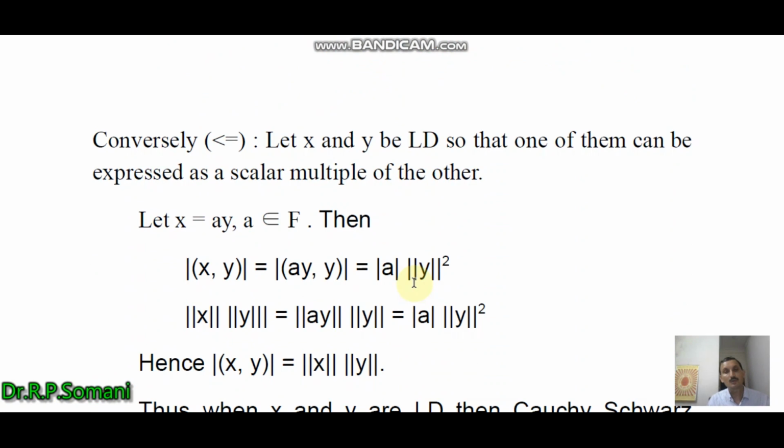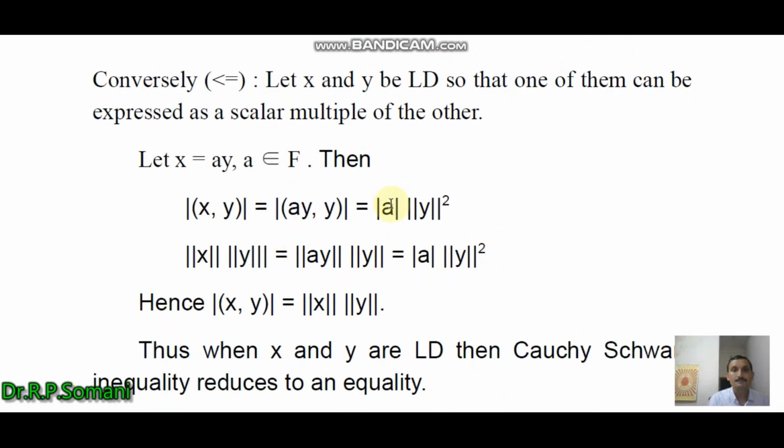Next, for the converse part, let x and y be linearly dependent, so that one of them can be expressed as a scalar multiple of the other. Therefore we take x equals a y, where a is an element of the field.